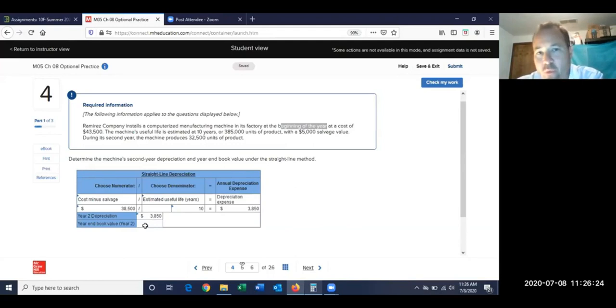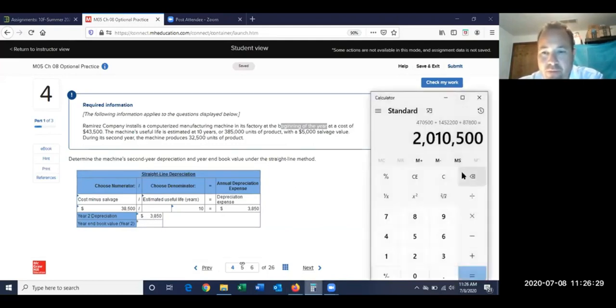The reason why that year 1 is important is because we needed to figure out the book value. So remember, book value, simply take your original cost, $43,500. Take your original cost, subtract out year 1, $3,850, and subtract out year 2, $3,850.